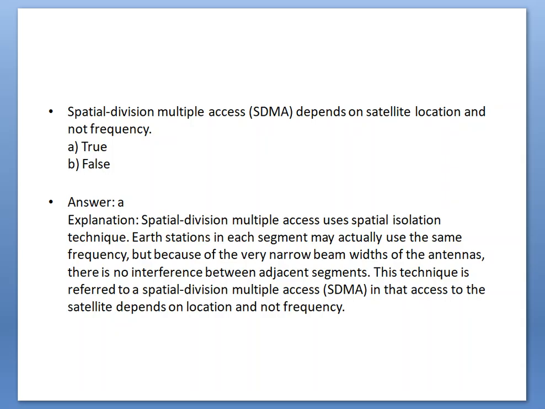Earth stations in each segment may use the same frequency, but because of the very narrow beam widths of the antennas, there is no interference between the adjacent segments. The technique is referred to as spatial division multiple access, in which access to the satellite depends on the location but not on frequency.